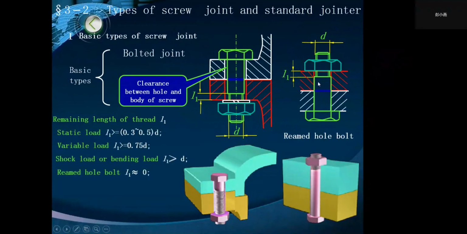If the bolt is subject to static load, the length should be 0.3 to 0.5 times D. For variable loads, the remaining length should be 0.75 times D. And for shock loads or bending loads, the length should be less than D.